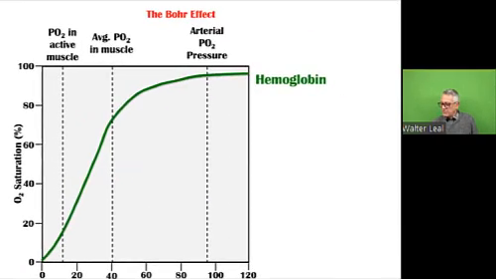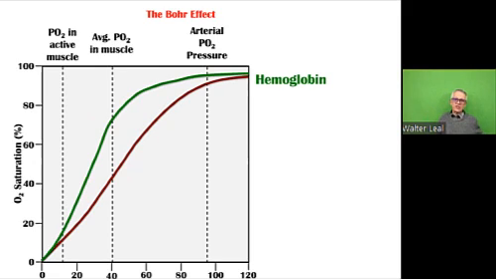Here is again the same curve that we studied before, and we studied another thing called the Bohr effect. The Bohr effect was known before we knew anything about this protein structure. Bohr found out that when you lower the pH, the curve is shifted to the right side.